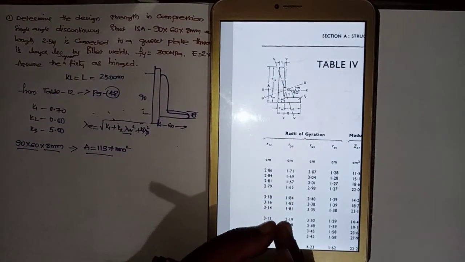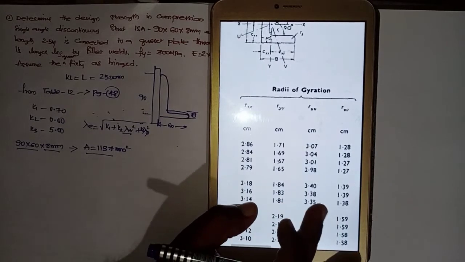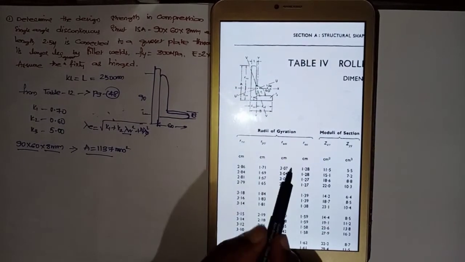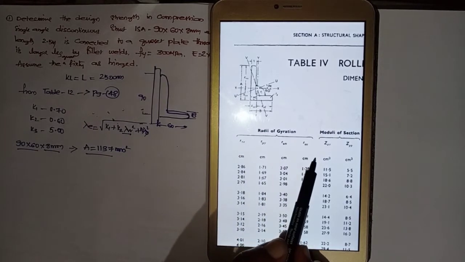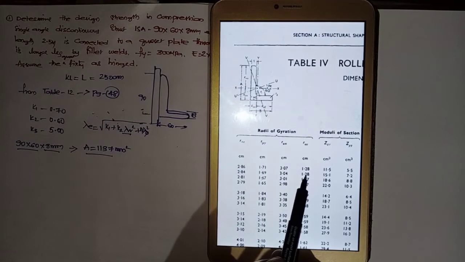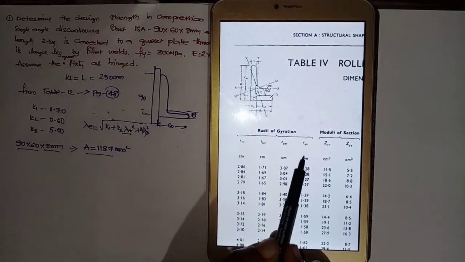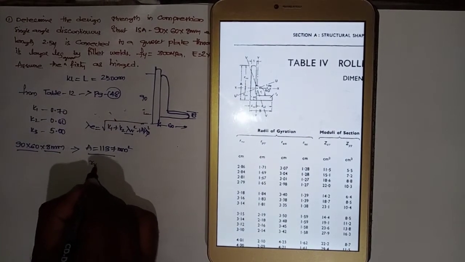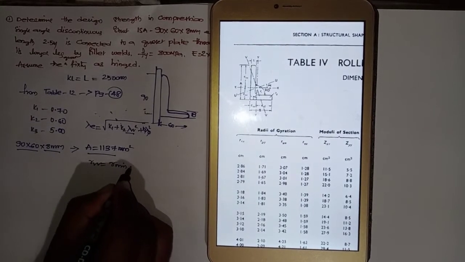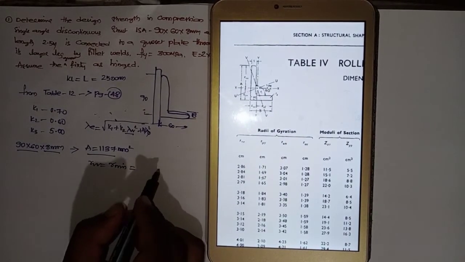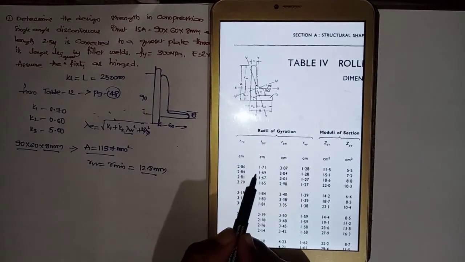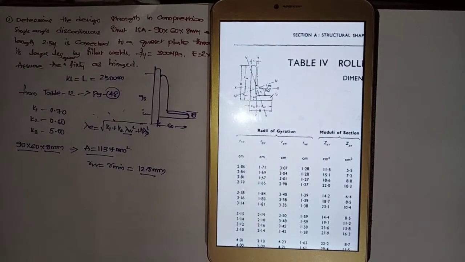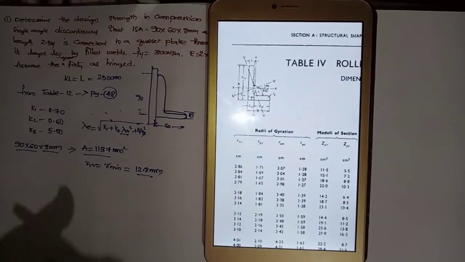Here you can see radius of gyration, RXX, RYY, RVV. Now how much is RVV? 1.28 centimeters. I want it in mm. So RVV, that is R minimum, equals 12.8 mm. This is the minimum. Still anything required? No.